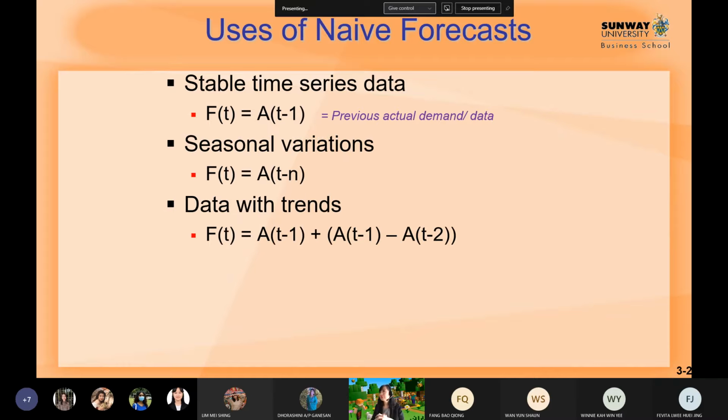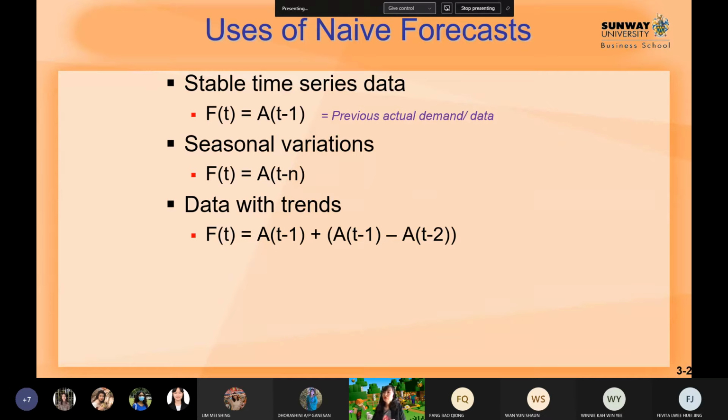When you look at this table, this naive forecast, how do you do naive forecast? Naive is just simple forecasting, like, okay, today is Thursday. We don't know how many students will attend the class. Then we see, oh, yesterday we had 20. So I assume today also 20 students attend.